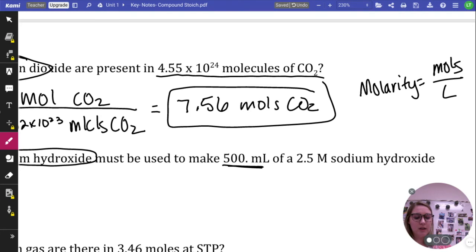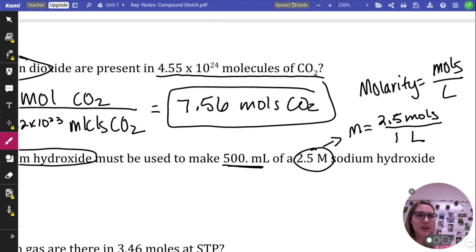So instead of having this 2.5 molar solution, I could say that my molarity is equal to 2.5 moles per 1 liter. And then I can use that as a conversion in my problem.